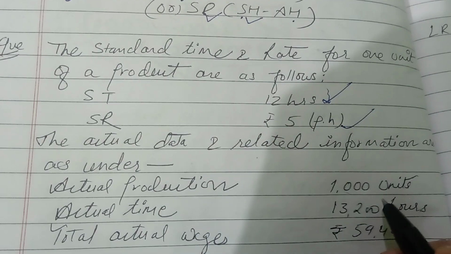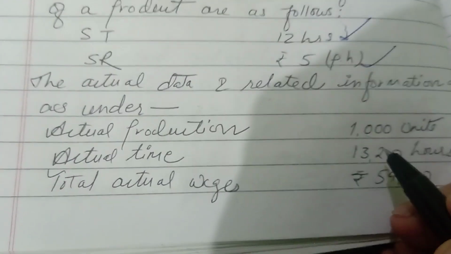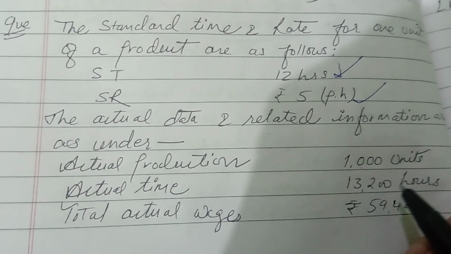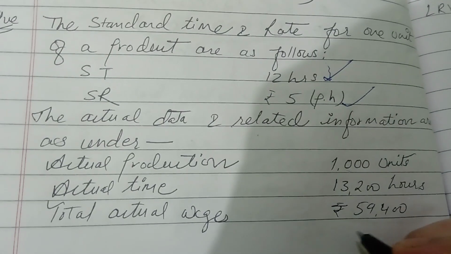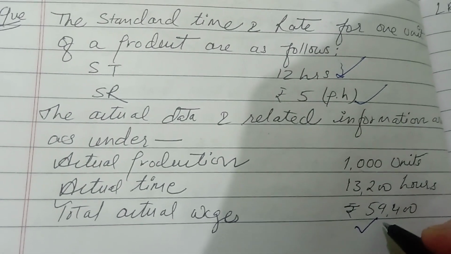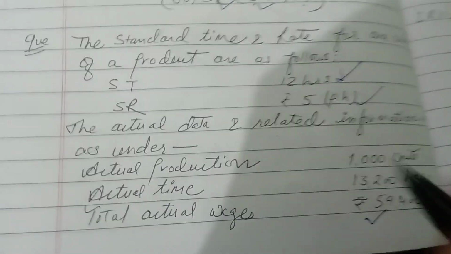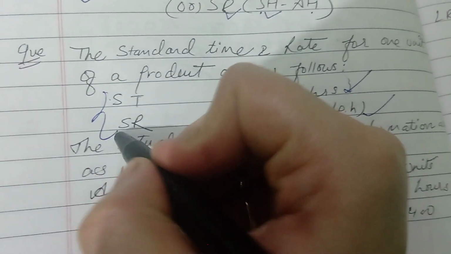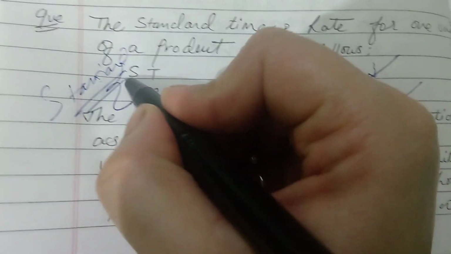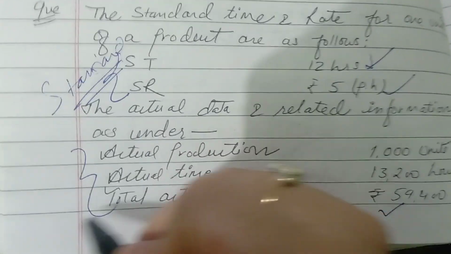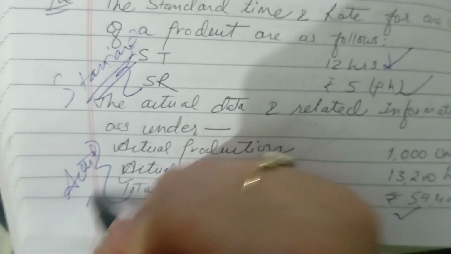Actual production is 1000 units. Actual time taken is 13,200 hours, and total actual wages paid is ₹59,400. Now, these two data are related to the standard that has been fixed or set by the company, and these are the actual data.